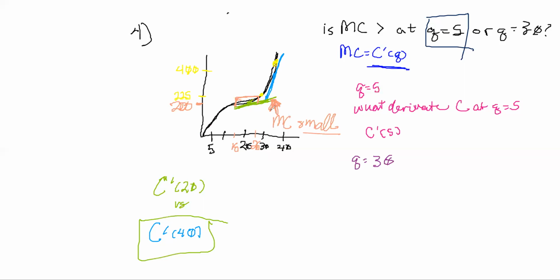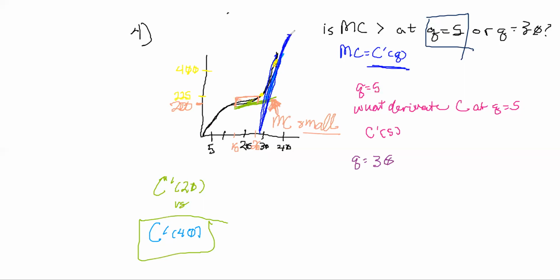Awesome. Okay, another thing is to consider this tangent line. So if I have this tangent line here at 40, this is supposed to be the tangent line at 40. It's very steep here.